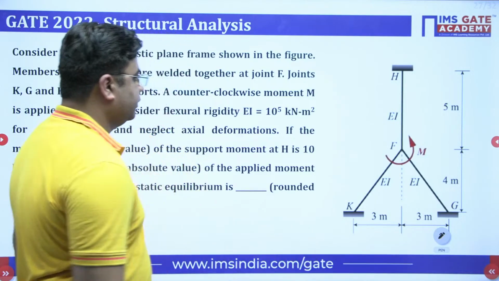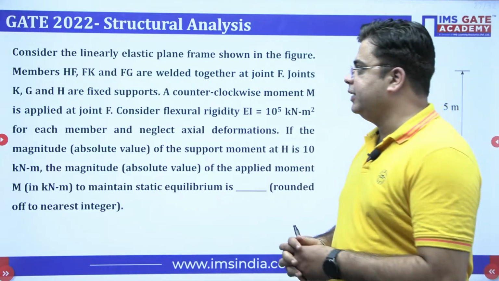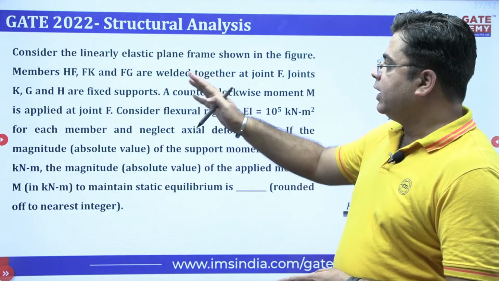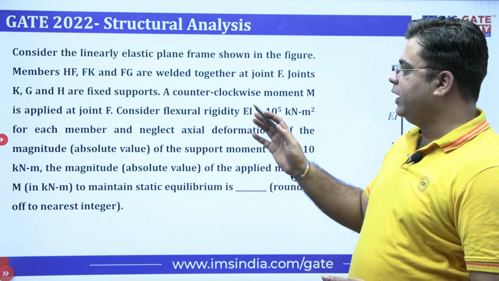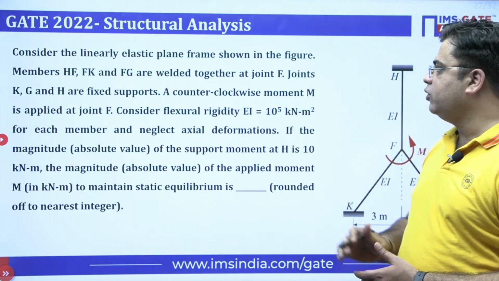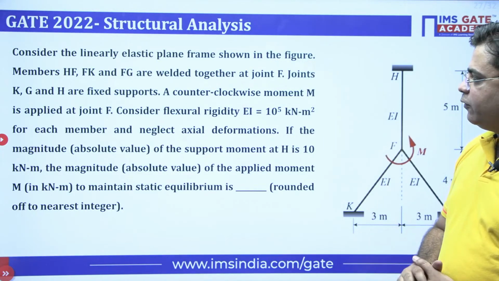Let's see this question. This is the question asked in the year GATE 2022 for structural analysis. Question says that consider the linearly elastic plane frame shown in the figure. Member HF, FK and FG are welded together at joint F. Joints K, G and H are fixed supports.